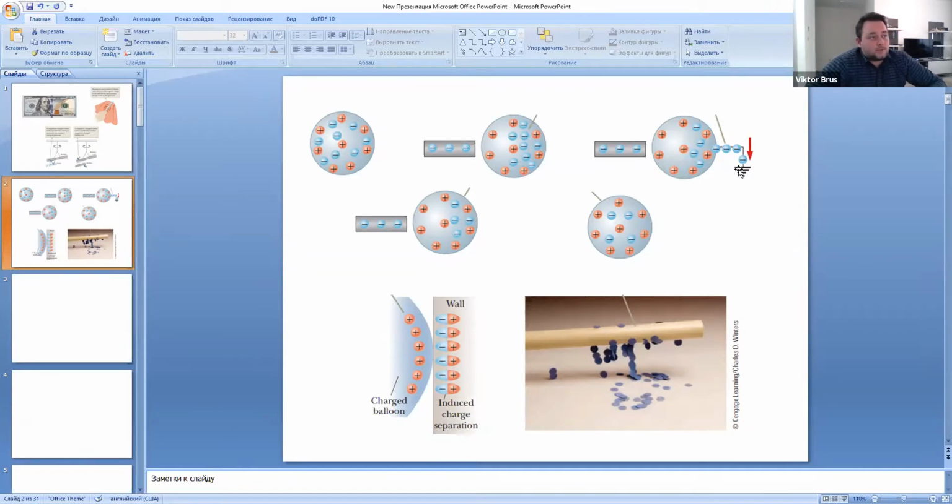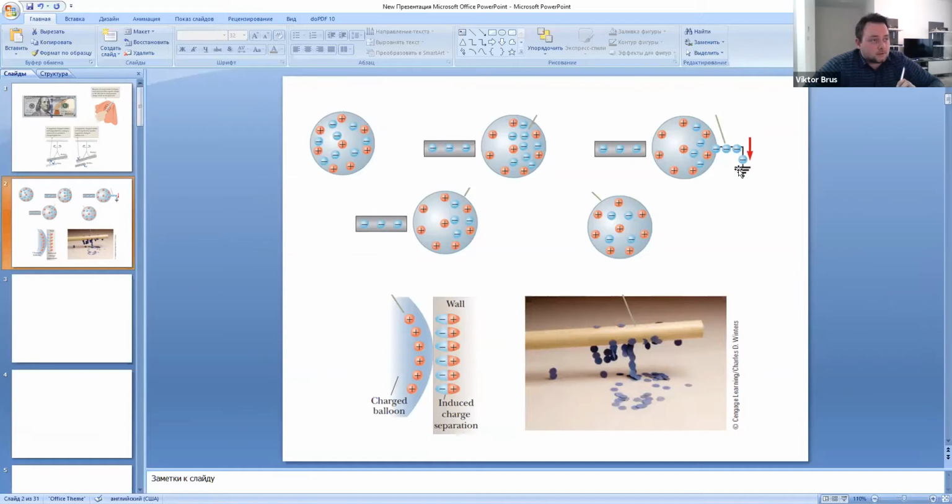So if under these conditions we connect this sphere to the ground, because of excessive potential, we have accumulated, not compensated, mobile charges at the right side. Part of these charges will go to the ground in order to equilibrate potentials between the two bodies, the sphere and the ground.